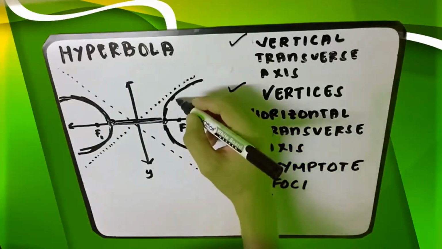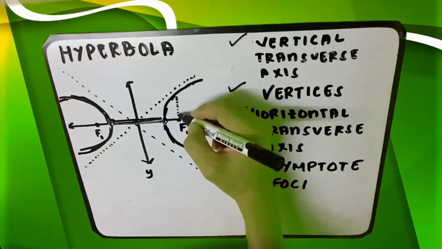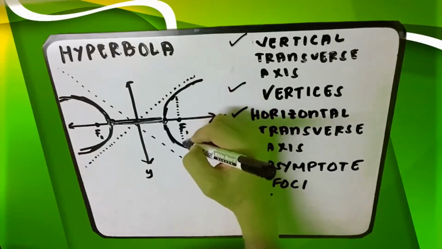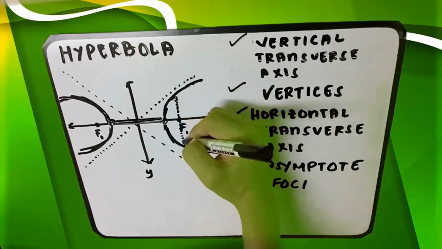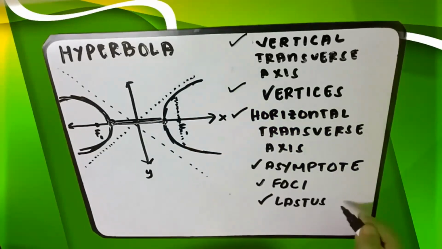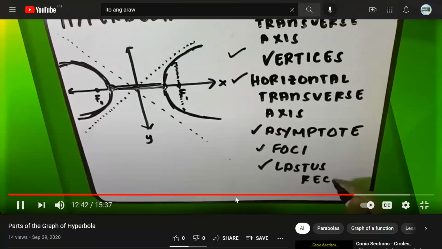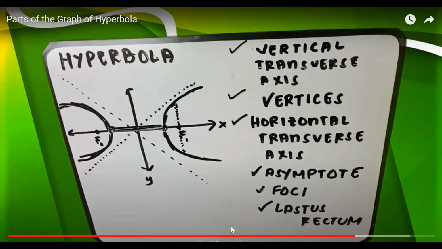Next is if we draw a line parallel to y-axis, pero tatama siya dito sa foci, ang tawag dyan is latus rectum. Latus rectum without S. Pero nasa video naman siya sa caption yung correction. So dito sa video, cancel nyo yung S. So that is latus rectum.